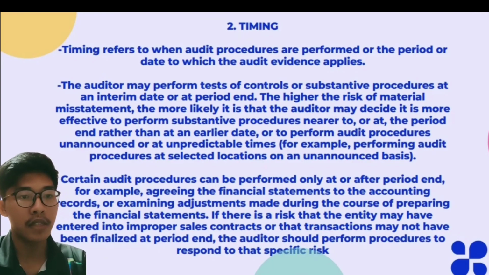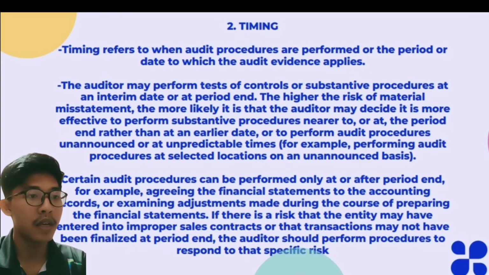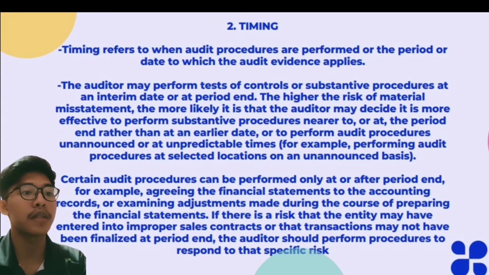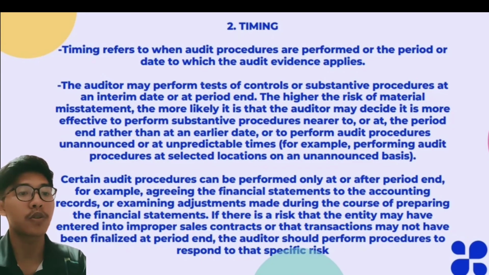If there is a risk that the entity may have entered into improper sales contracts or that transactions may not have been finalized at period end, the auditor should perform procedures to respond to that specific risk.